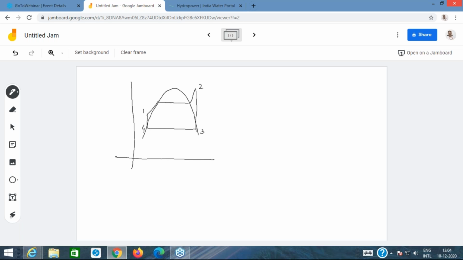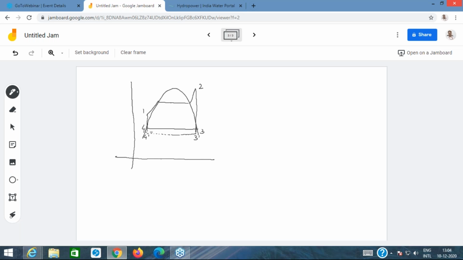Now by decreasing the condenser pressure, we'll find a new diagram. So this is, let us say, the new diagram where this is 3 dash and this is 4 dash.